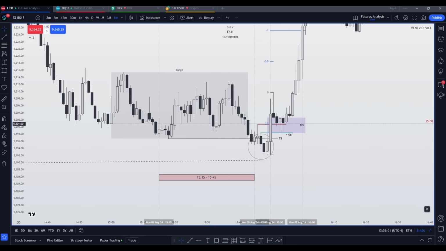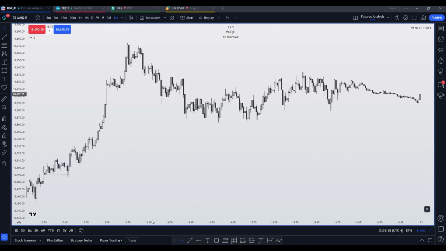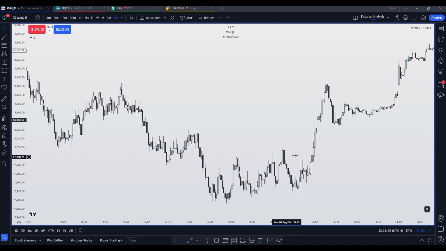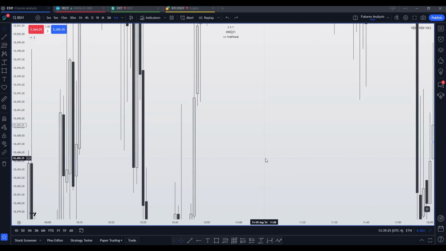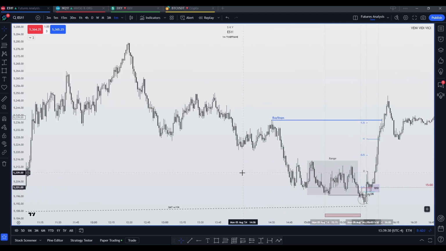So let me check something real quick. I don't know if I took this one. I think I didn't take this one. Let me check on Q. This is the one I took. Yeah, no. Even if it delivered, and it was kind of clean.